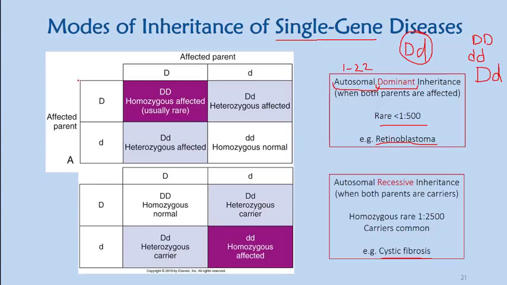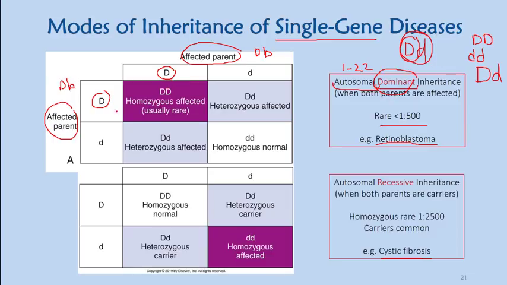In this case, with our Punnett square, you can see that both parents are affected, and you can see the parents' genotypes listed here as Dd for both cases. That we know is heterozygous. If this is a dominant disease, then we know it's affecting the dominant allele. So this is the affected, and this is the affected. And if you inherit that affected capital D allele, then you will have the disease.